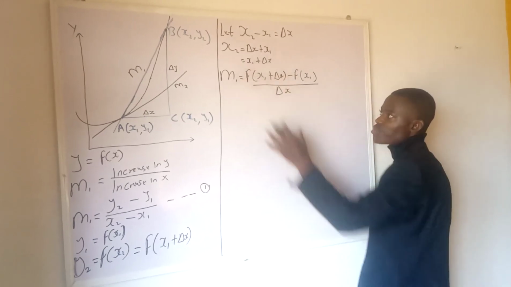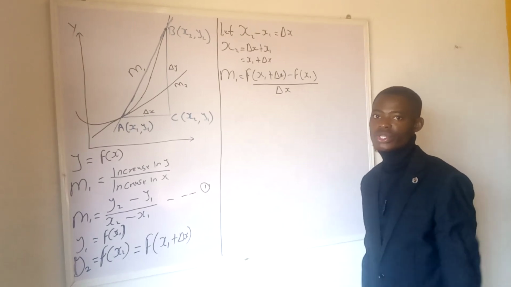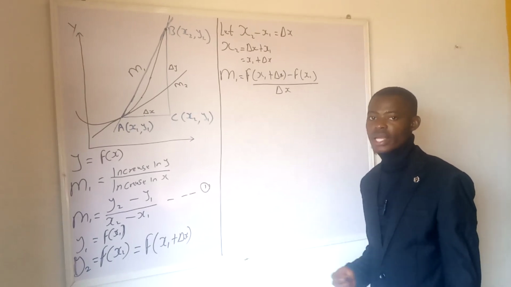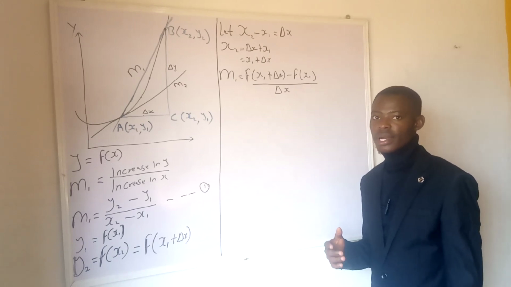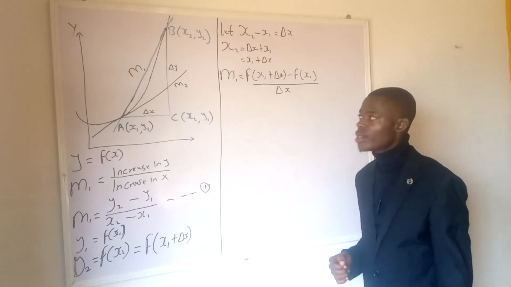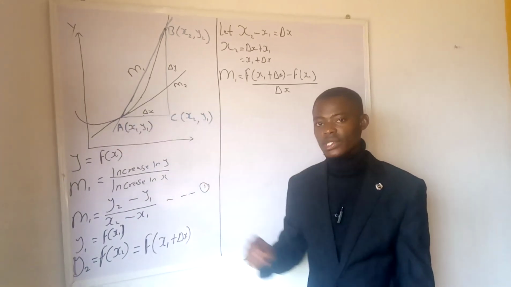Now this whole expression we are having right now is called the gradient function of a curve y equals f of x. So when they are talking about gradient function, you should know what they are referring to in essence. Now, suppose we keep point A fixed.